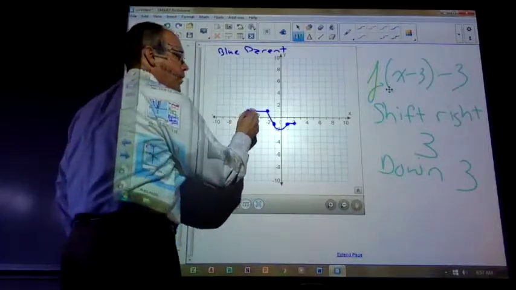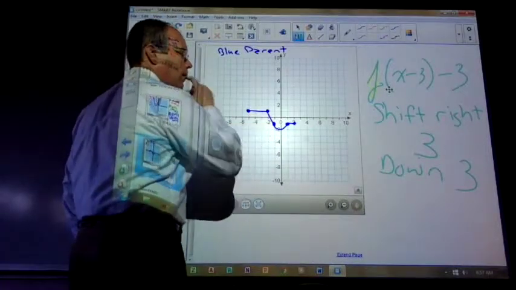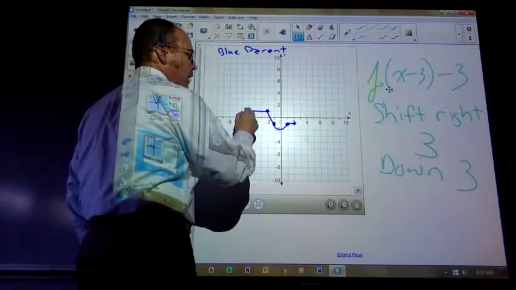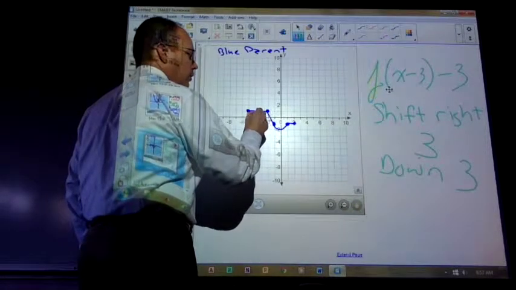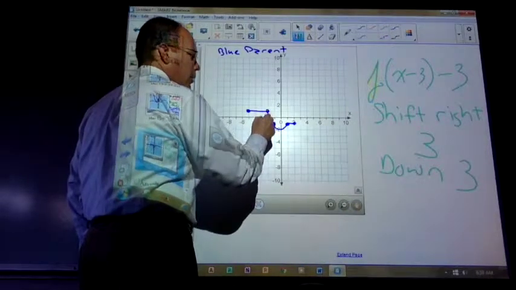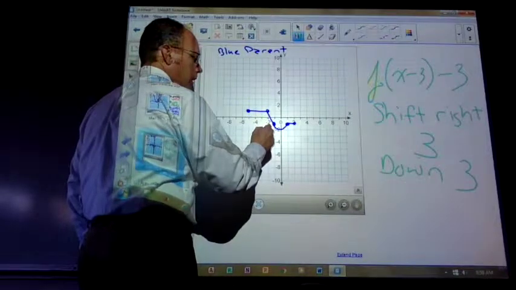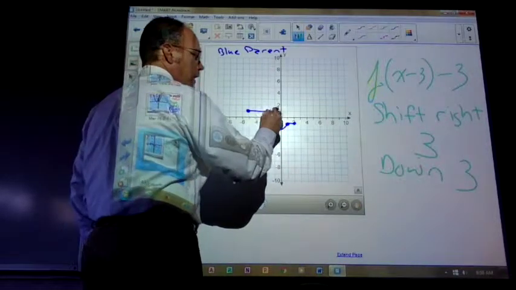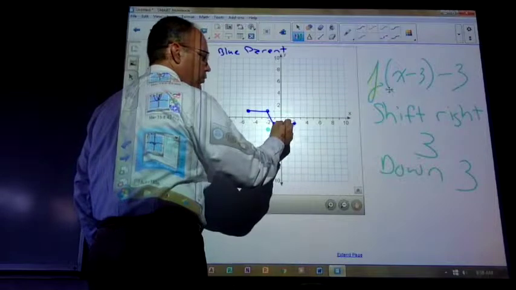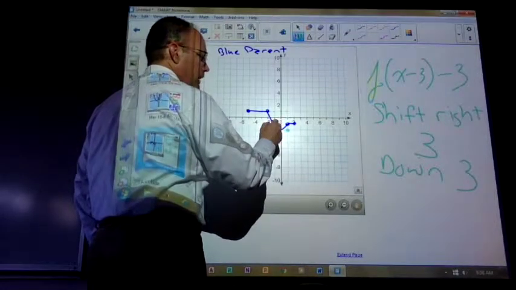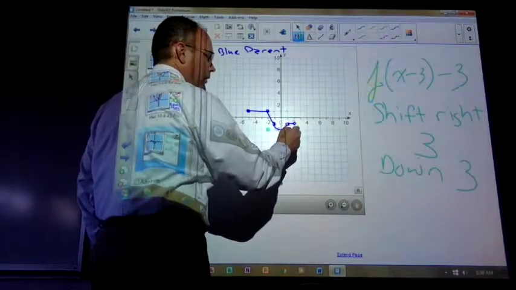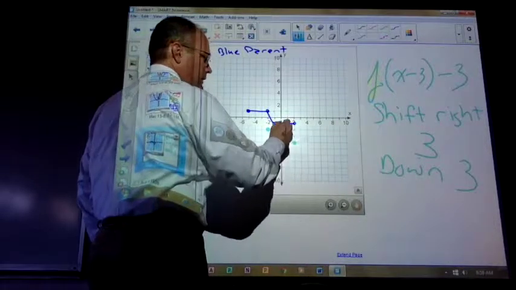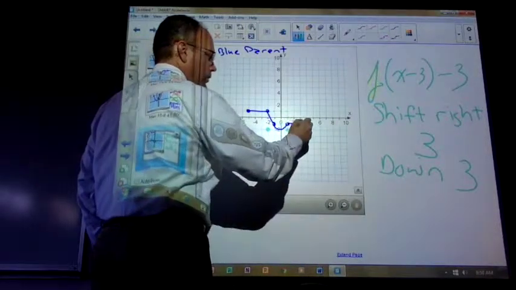Shift right 3. 1, 2, 3, and down 3. 1, 2, 3. Right 3. 1, 2, 3. Down 3. Right 3. 1, 2, 3. Down 3. 1, 2, 3.